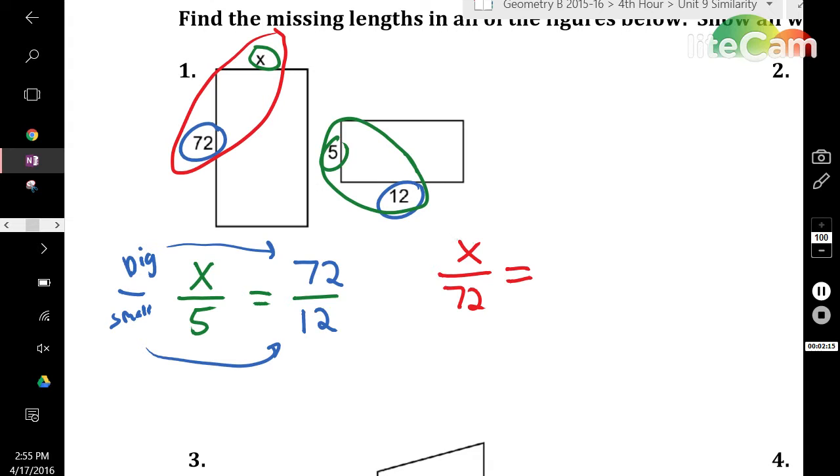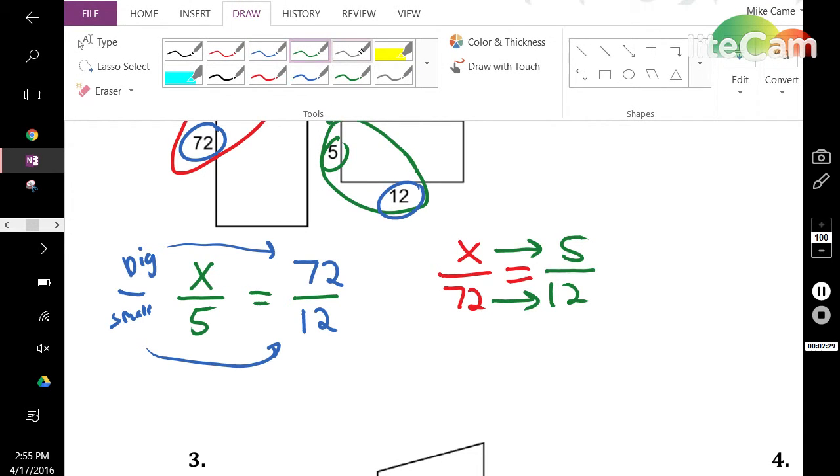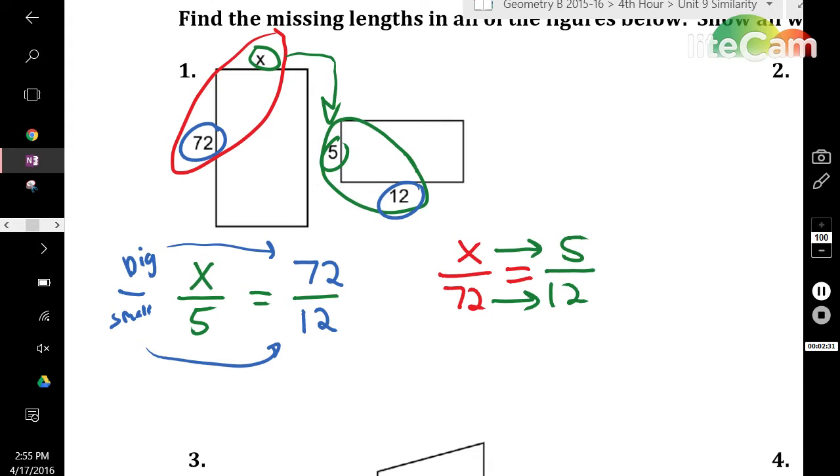Now you have x over 72, so you need to have the second ratio correspond. x corresponds with 5, so 5 is going to go on top and 12 on the bottom. These would have to correspond to each other. And those are your two options for proportions. Now, which one you choose won't matter. You'll get the same answer because they're both proportional.